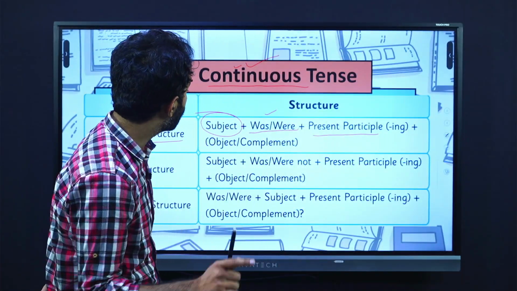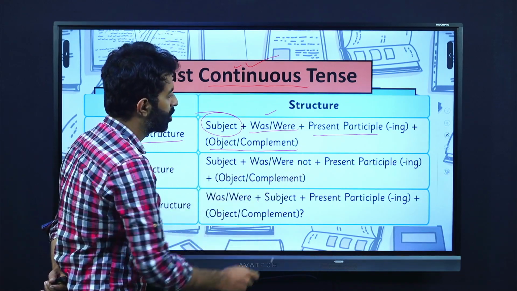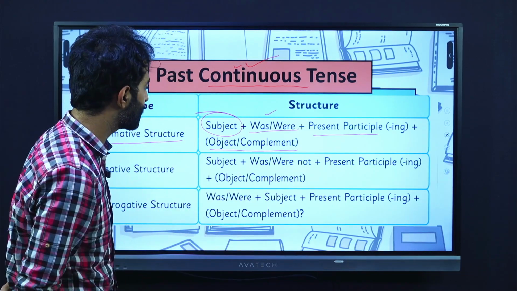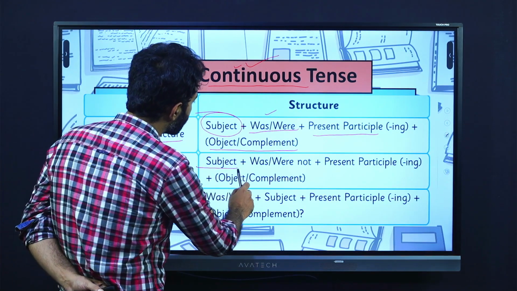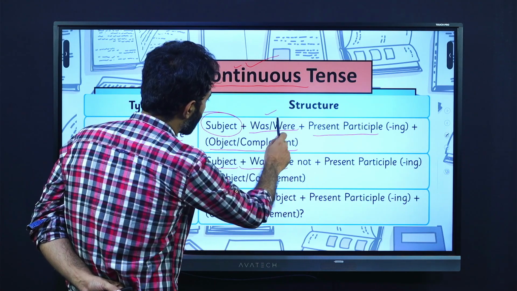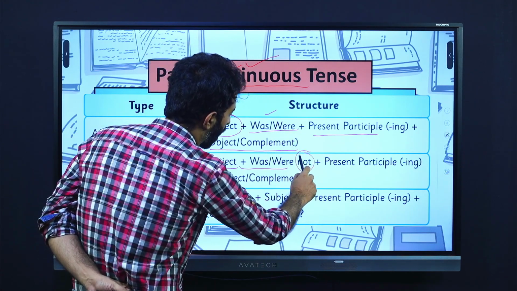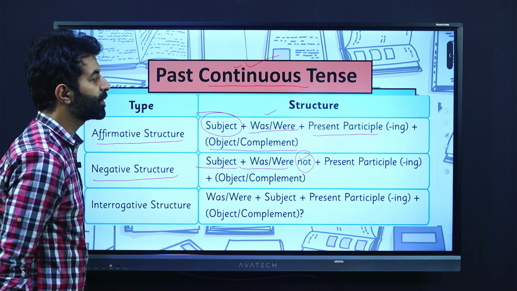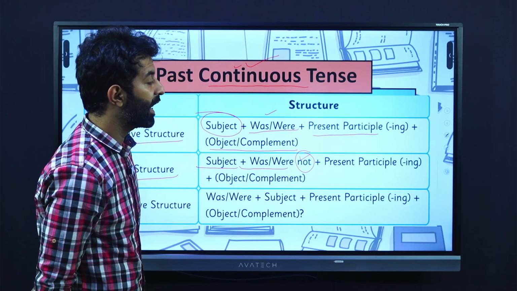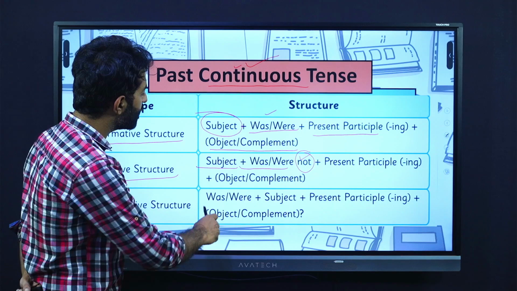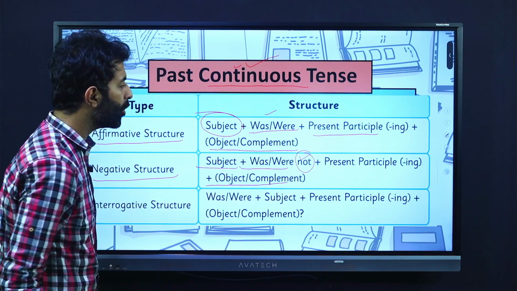All right, and then you will have your object or your complement or both at the end. For negative structure, subject, was or were, plus we are going to add not. ये सिर्फ इसमें addition होगी. Then we will add our present participle, any verb with ing, and then our object or complement or both.